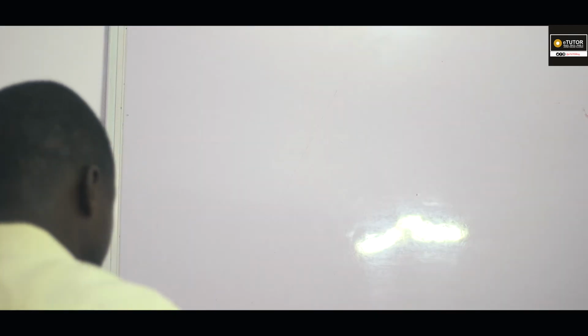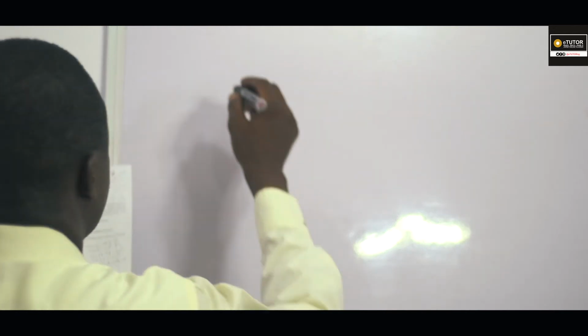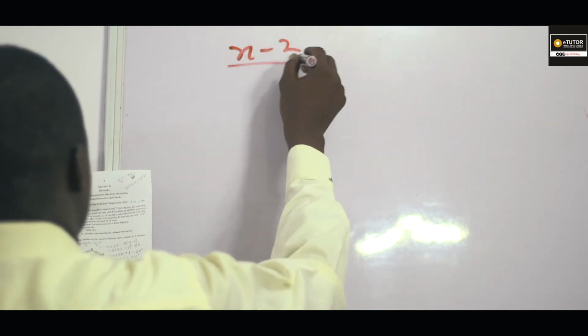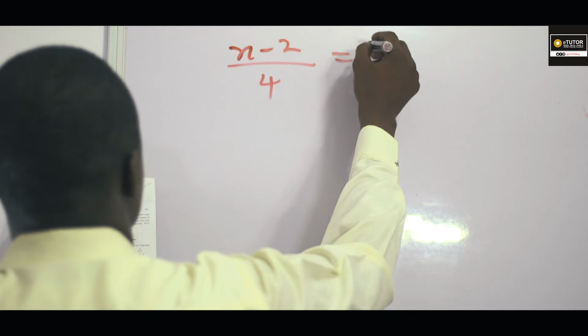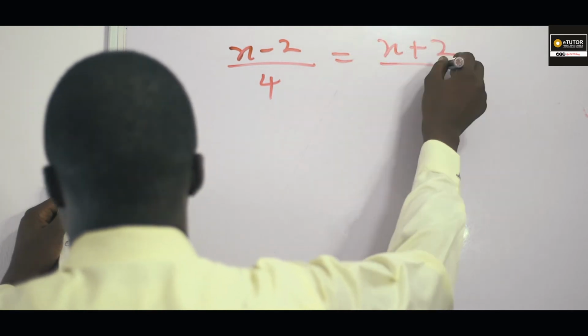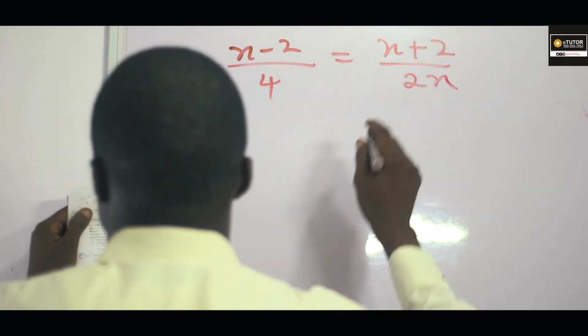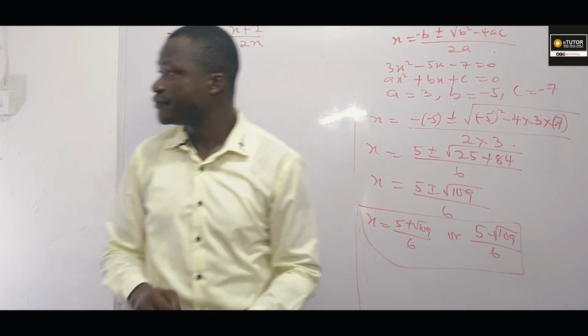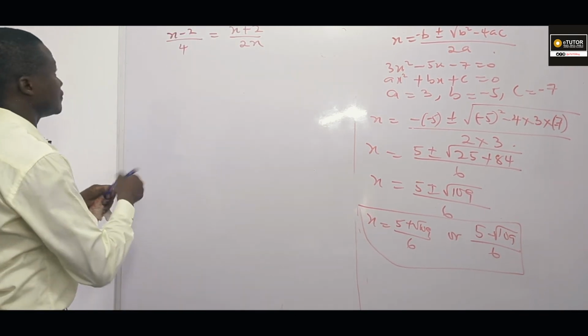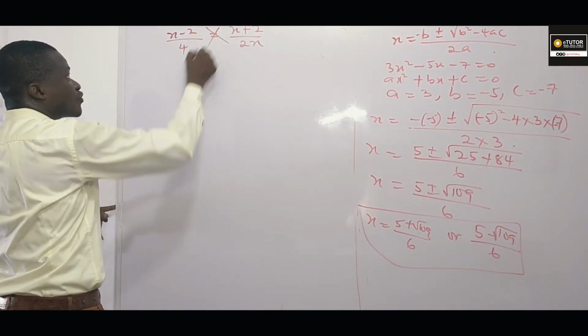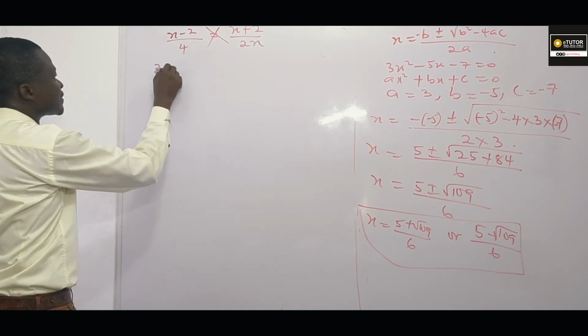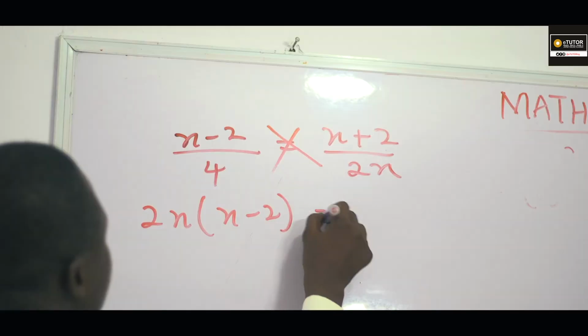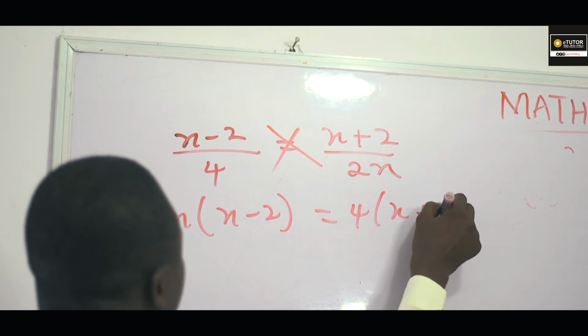It says (x minus 2) all over 4 equals (x plus 2) all over 2x, using the complete the square method. How do we solve this one? Let's go. Without wasting our time, this is an equal sign, so you have to cross multiply. 2x times (x minus 2) equals 4 times (x plus 2).